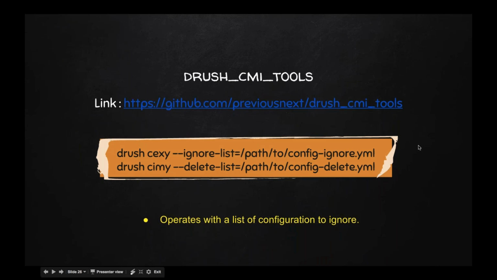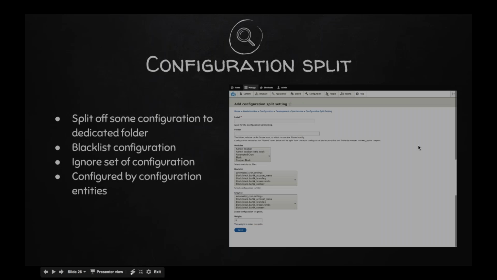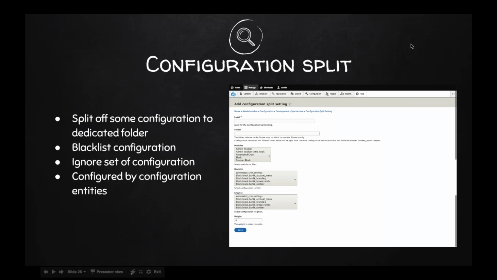Another way to do this is the Configuration Split module. This is a module which is still in development but offers very good functionality. With this module you can create different filters, and you can specify what you want to ignore, or blacklist some settings.